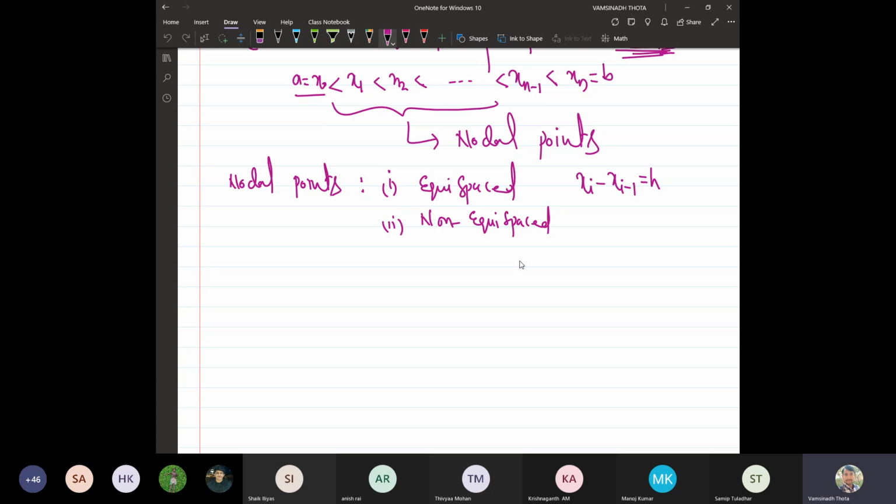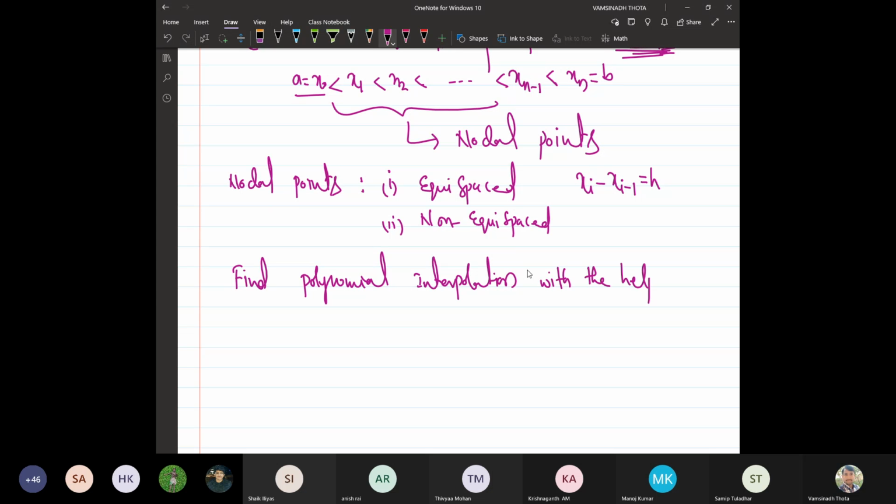Okay, right. Now, we are interested in finding a polynomial interpolation with the help of the values of f at nodal points, the values which we already know.